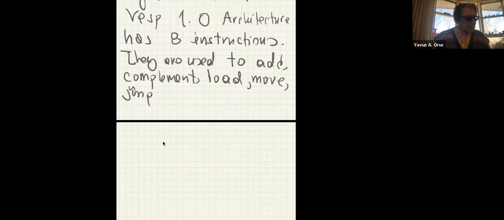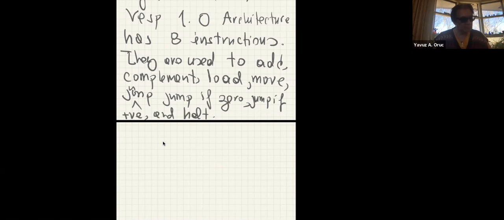There's a U in there, but we abbreviate it as jump. Jump if 0, and then a jump if positive, and halt. Okay, halt the CPU. And that's our VESP 1.0 architecture.